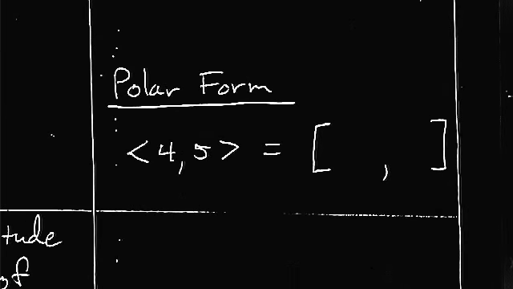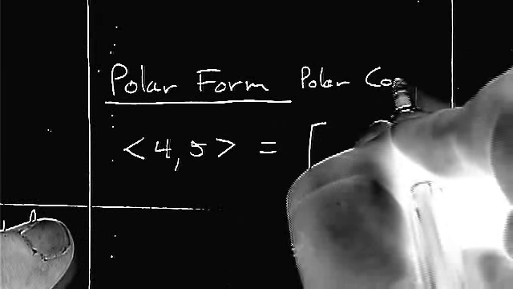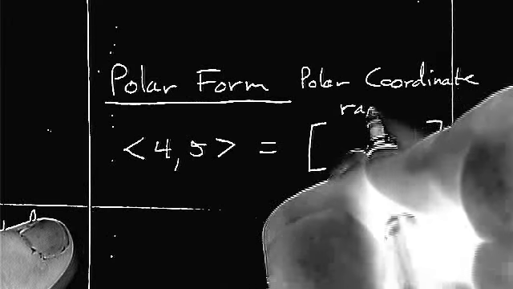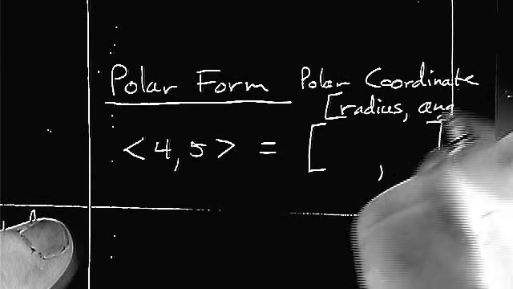Now, polar form. How can you write the vector in polar form? You're probably asking yourself, polar form, what's that? You are very used to quoting things in terms of x's and y's. That's called the Cartesian coordinate system, where you move left and right and up and down. You may have to end up seeing this in class for it really to make sense, but a polar coordinate has a radius and an angle.